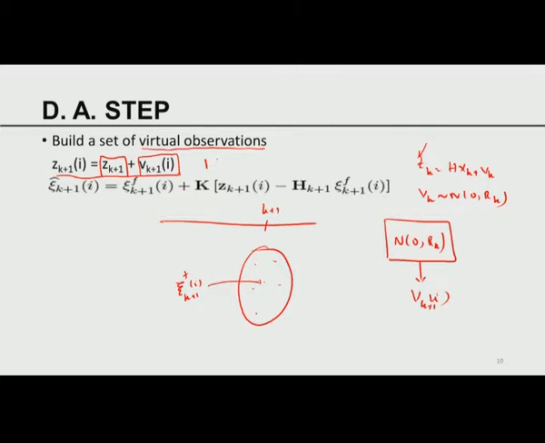This i runs from 1 to N. Then I simply apply the Kalman filter equation. The analysis at time k+1 for the ith ensemble strand is equal to the forecast at time k+1 for the ith member plus K times (z_{k+1}^i minus H_{k+1} times the ith forecast member).